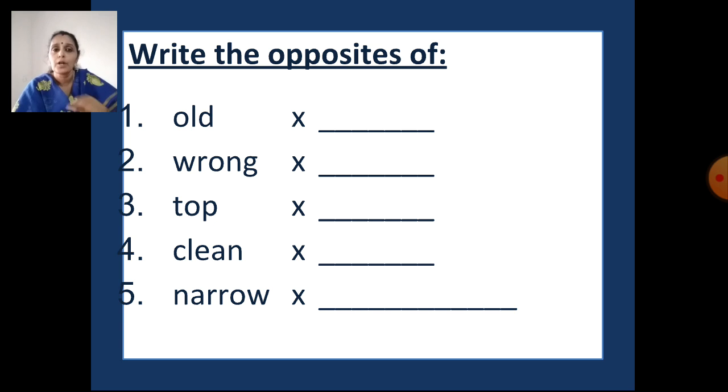Now put a cross against it and write the opposite word also. Write down the opposites of these words. Then I'll show you the correct answer and let us see whether you all have got it correct. Okay? Start writing.